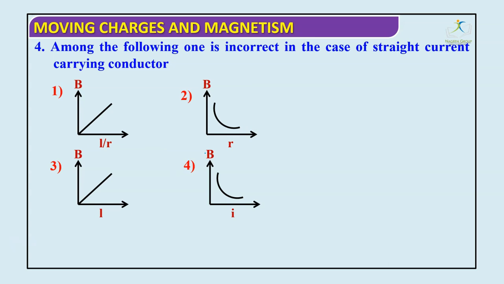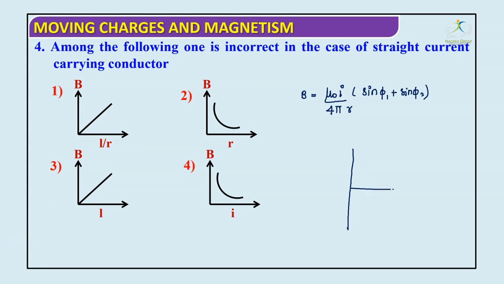Firstly, we have to understand what formula is related to this. The magnetic field due to a straight wire carrying current I is B equals mu naught I divided by 4 pi r, in terms of cos theta, and after taking the value of the integration term, the result comes in sine form, that is sine phi 1 plus sine phi 2. I'm making the diagram for more clarity.